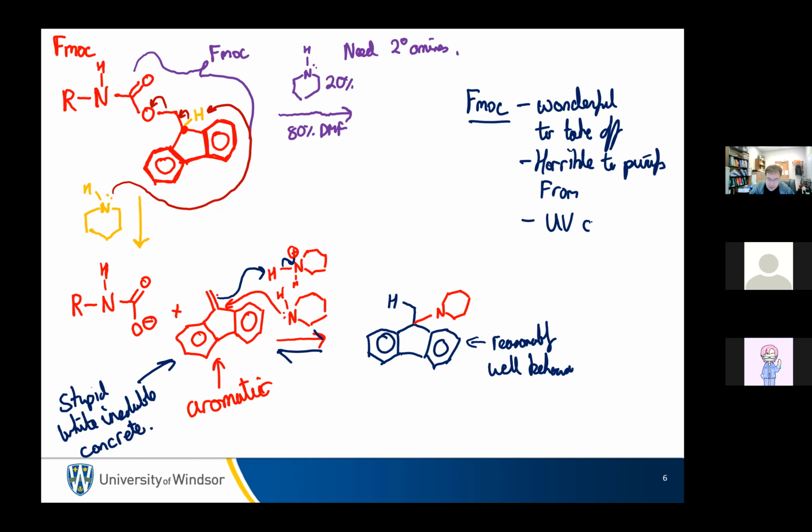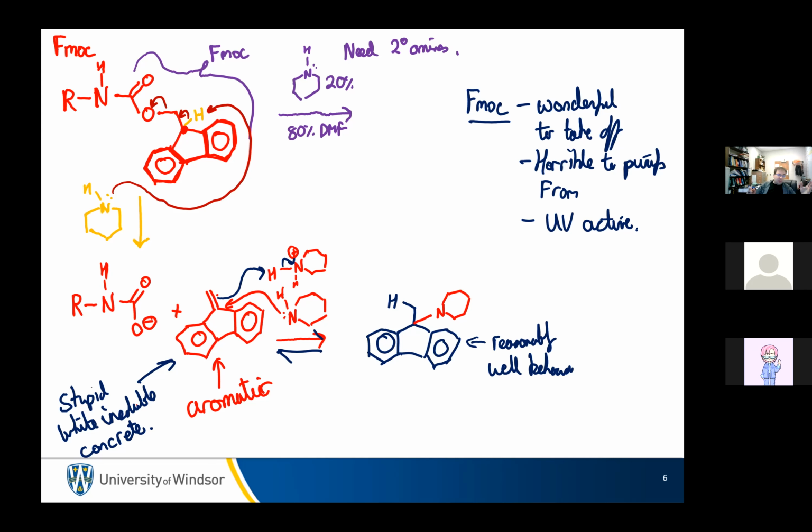The other nice thing about it is it's UV active. So you can see the presence or absence of Fmoc by UV really easily, which gives you kind of a label to figure out how well things are going on coupling or how well things are coming off. But this whole issue of being wonderful to take off but horrible to isolate means that nobody uses Fmoc for solution phase synthesis.